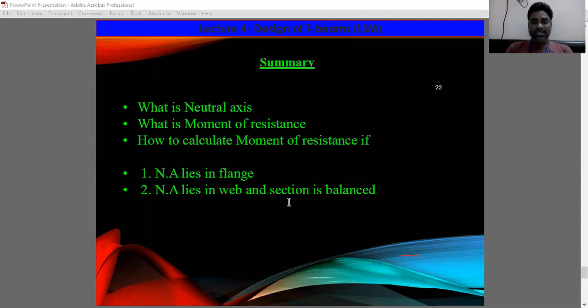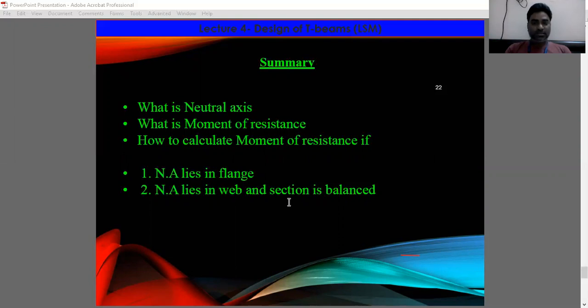So in the first two cases, that means if the depth of neutral axis is within the flange, then the calculation of neutral axis and moment of resistance is similar to the rectangular beam, but the width of the beam you need to consider as bigger, right? Except that, it is similar to the singly reinforced.